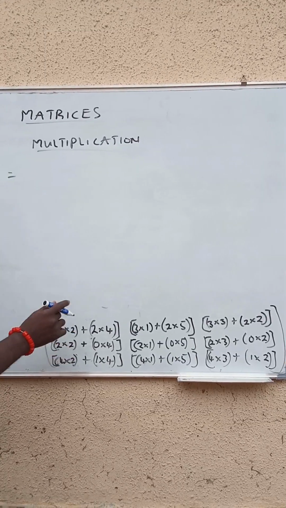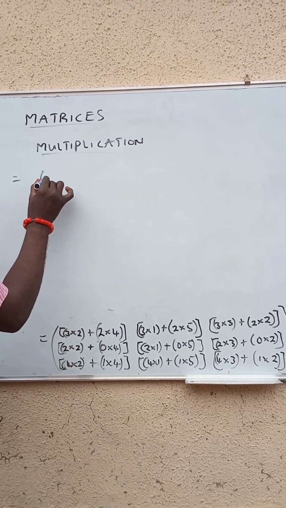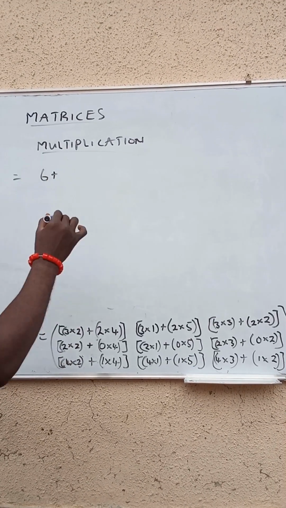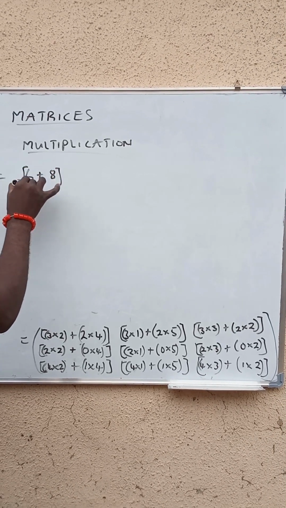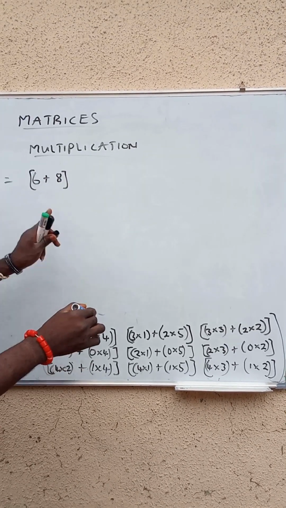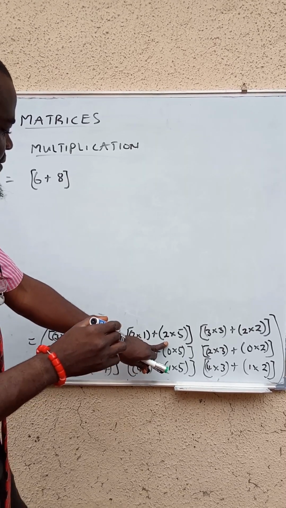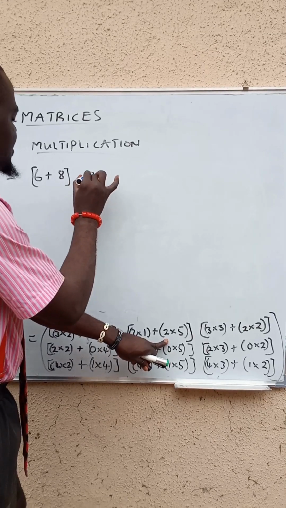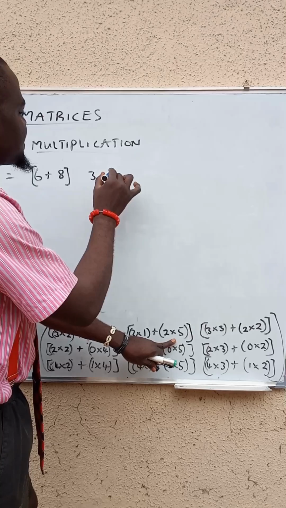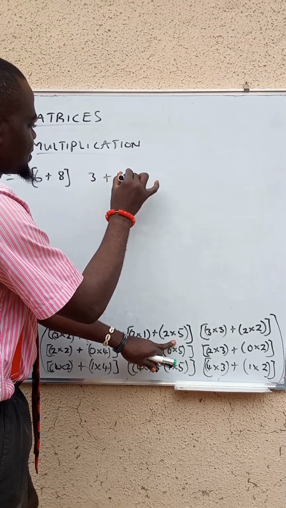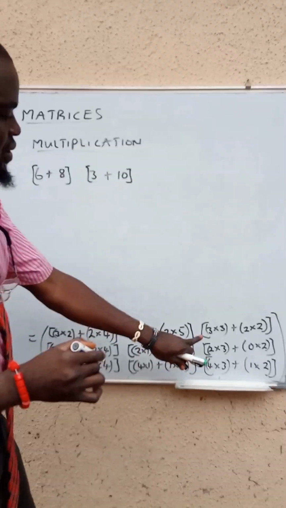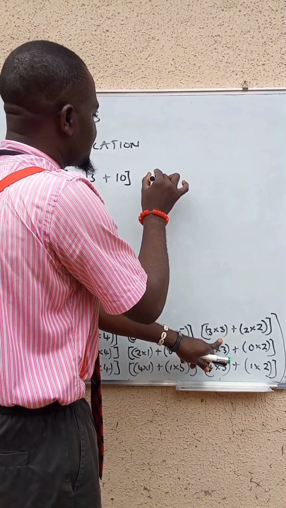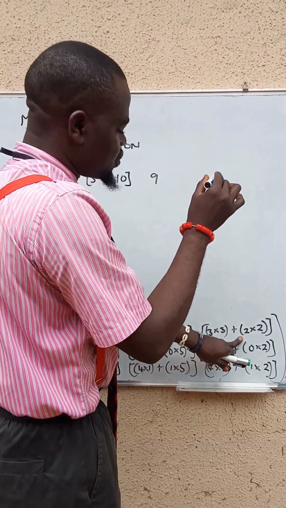Now, 3 times 2 is 6. 2 times 4 is 8. So there is this. This second line, 3 times 1 is 3. 2 times 5 is 10. 3 times 3 is 9. 2 times 2 is 4.